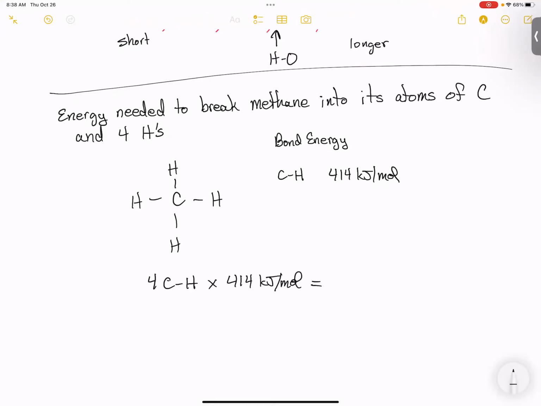And that's what you would need to add in order to break that methane up, which is 1,656 kilojoules per mole of energy.